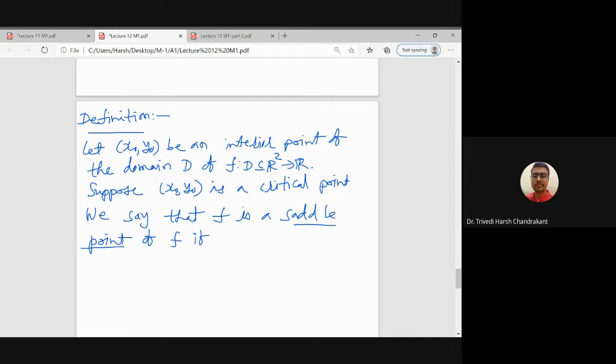So let me write down that condition. In local maximum or minimum we use some neighborhood, but here it is every neighborhood.